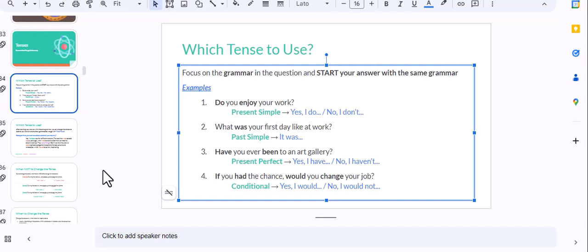Whatever you want to say, but here the same grammar, and don't forget, because this is very important for you.